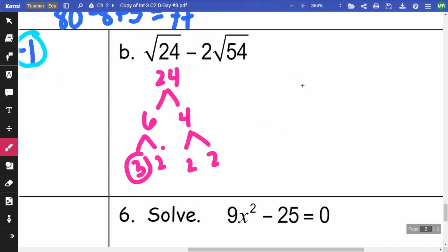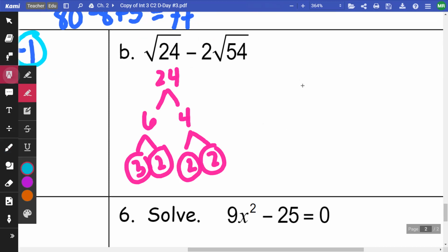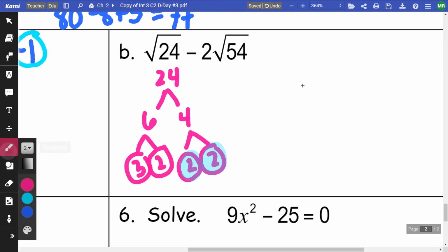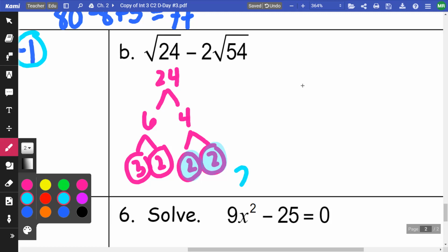I'm just going to circle my primes. They're all down to primes, and I want squares, so that means I want pairs. I have a pair of 2s with a 3 and a 2 still left over. That pair of 2s means that a 2 is going to come out, and I am still going to have underneath a root 6, because 3 times 2 is 6.